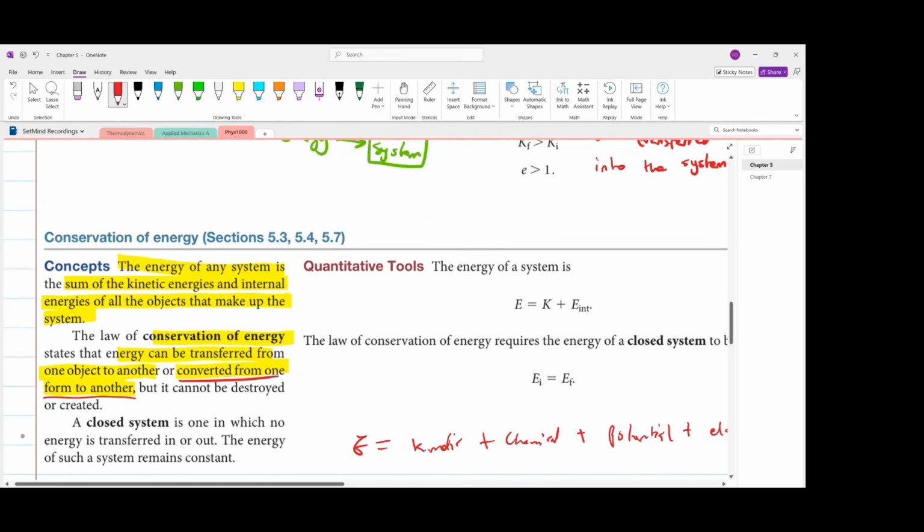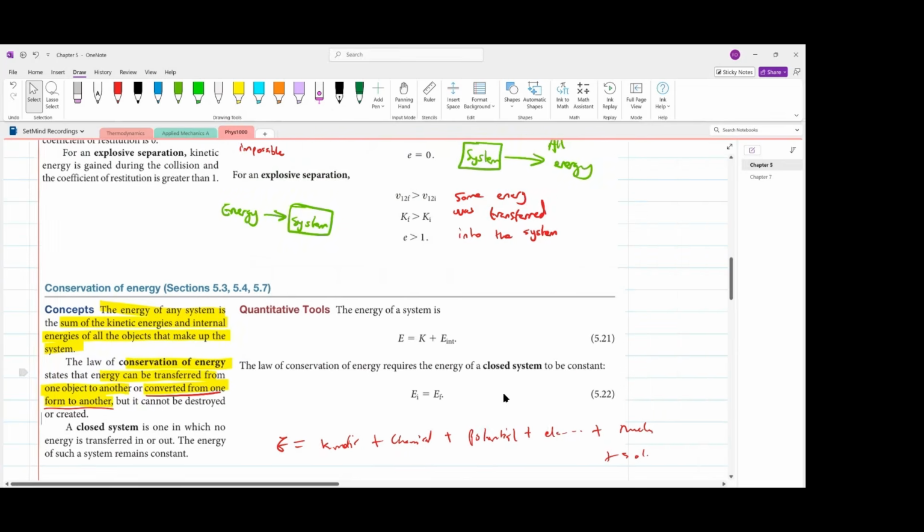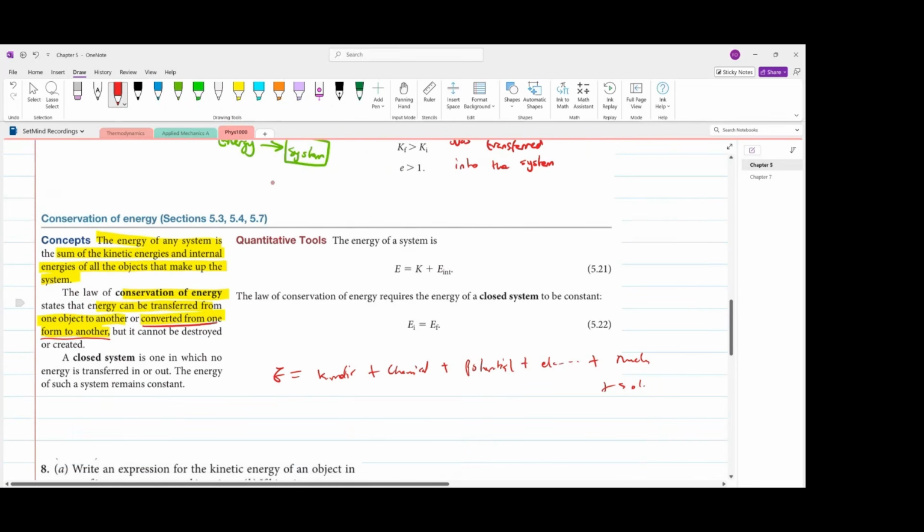There are many different forms of energy, and even more keep getting discovered. But we can call all of these energies just the internal energy of the system, and say we have kinetic plus everything else, but everything else is actually just internal. I hope that makes sense.